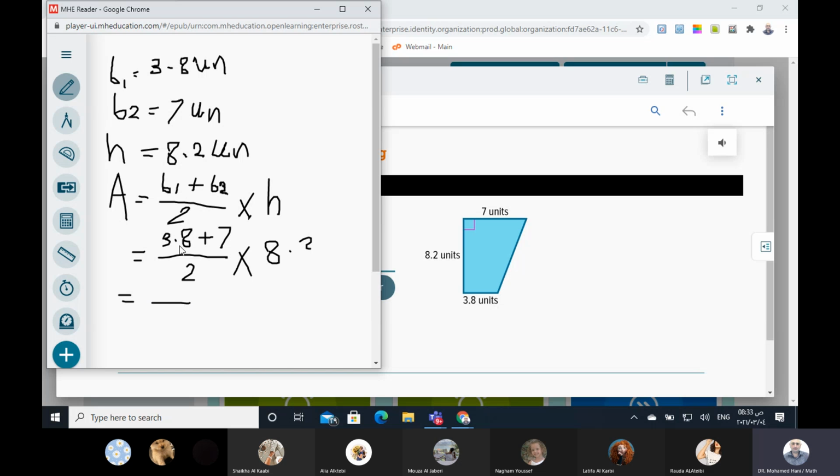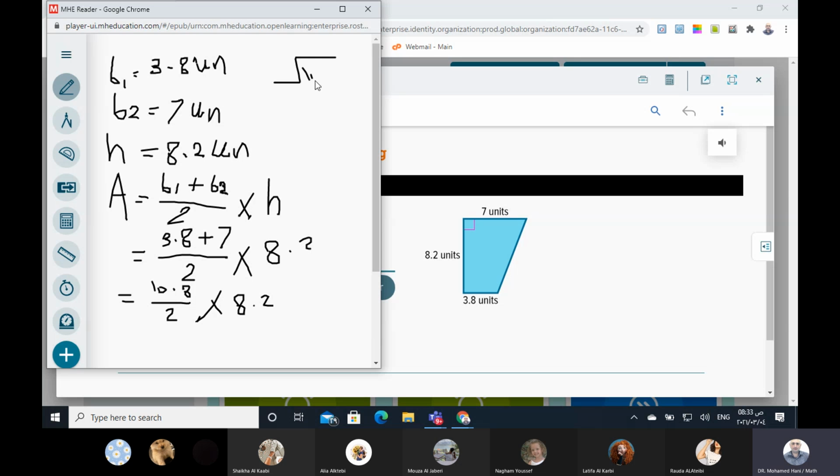Then we can add here 3.8 plus 7, so 10.8, divided by 2, times 8.2. So here we can do long division.